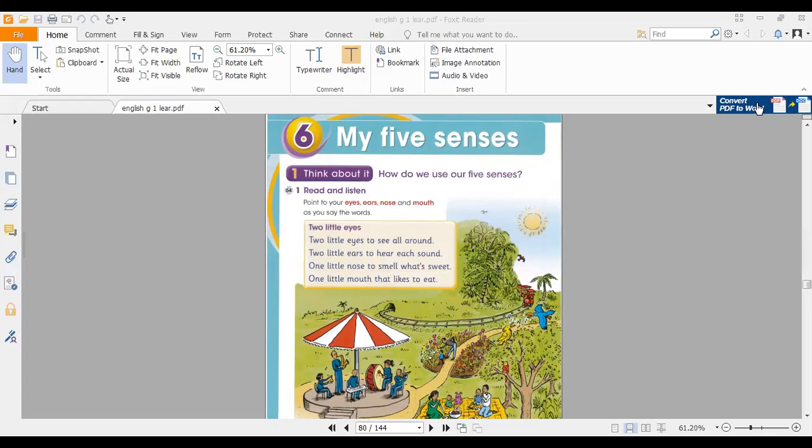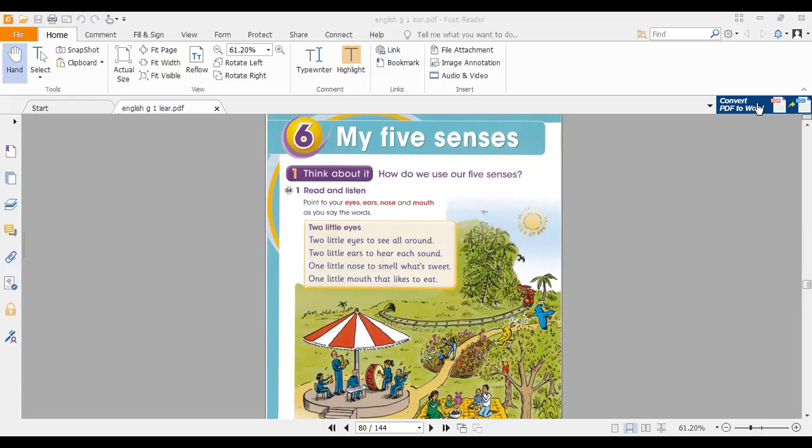Okay, before starting the track, I will read it myself because you will understand it more after we have read it. Two little eyes. What is the name of the poem? Two little eyes. So every human has two little eyes.